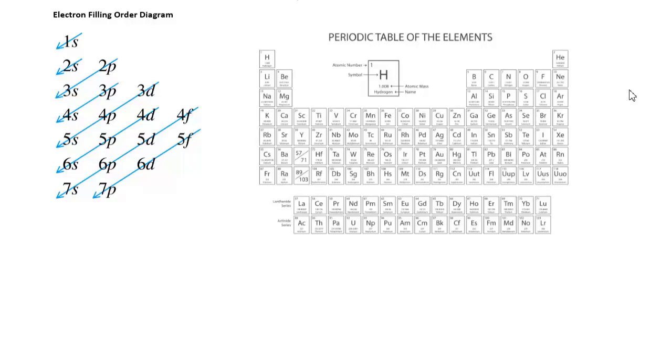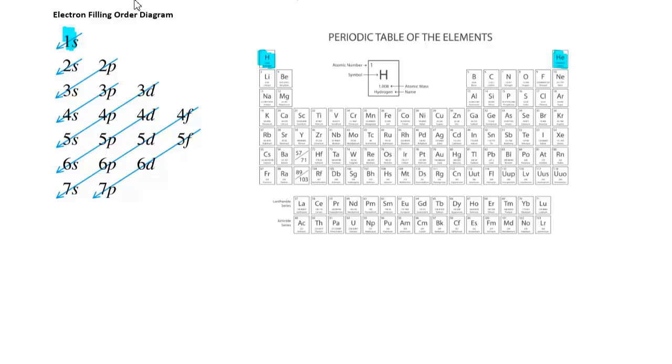One of the things with the electron order diagram is it's an essential tool that helps you figure out how electrons are actually ordering each of the subshells. So we already saw that the 1s here is from these two elements there.